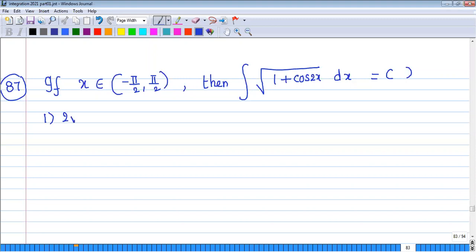First option 2 root 2 sin x plus c. Second option root 3 sin x plus c. Third root 2 sin x plus c. Fourth 3 root 2 sin x plus c.